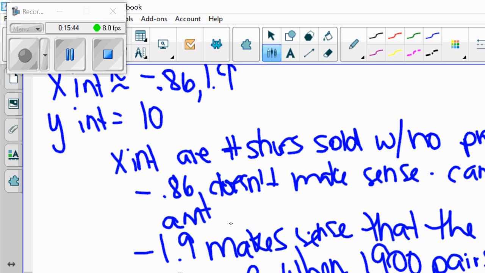Can't have a profit when we haven't sold any shoes. So again, we would have to limit our domain graph in order for the context of the problem to make sense.